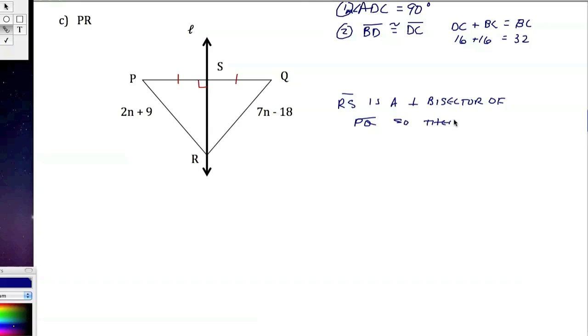So therefore, PR must be congruent to QR. So the measure of PR is equal to the measure of QR, and when I substitute, I get 2n plus 9 is equal to 7n minus 18, and when I solve, I'm going to add 18 to both sides.